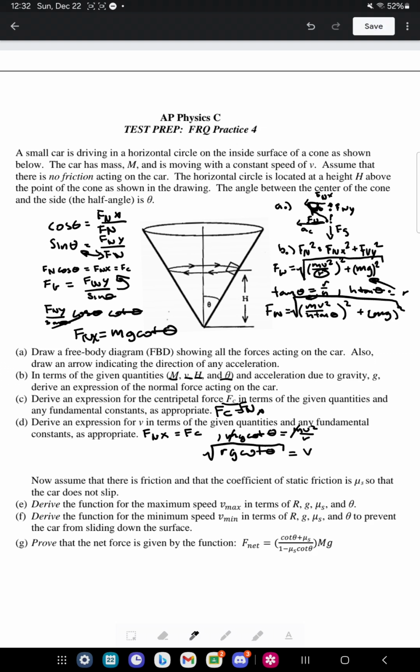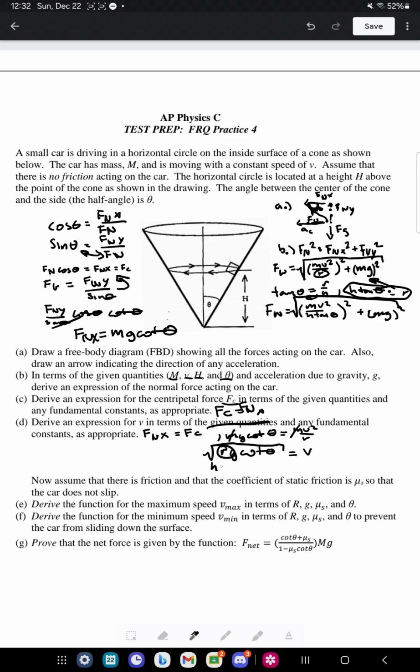However, the question asks to find the expression in terms of the given quantities. So we want to get rid of the r, and we found earlier that r equals h tangent of theta, so we will substitute that in.